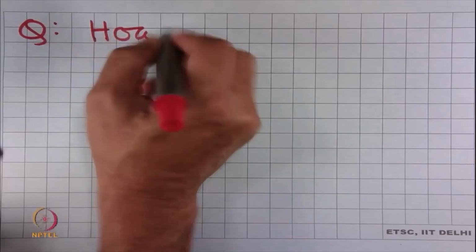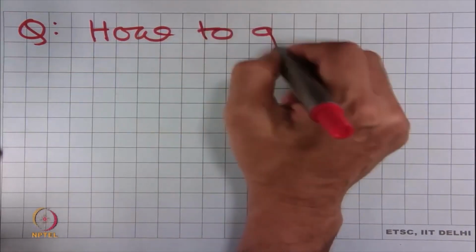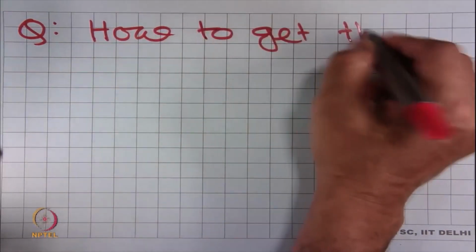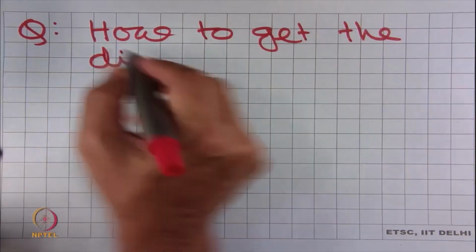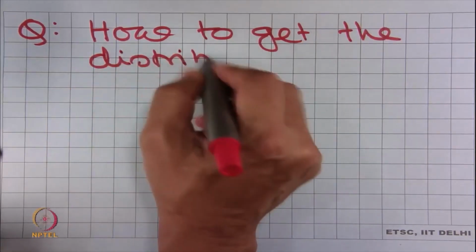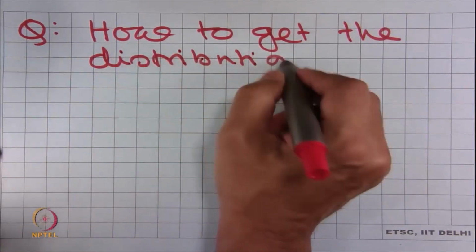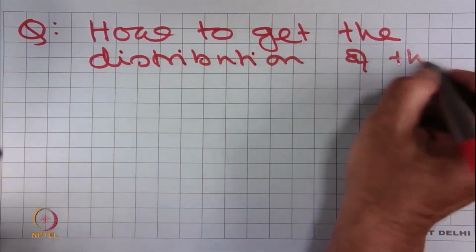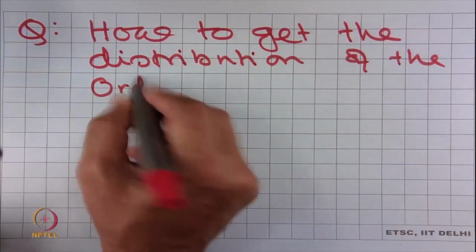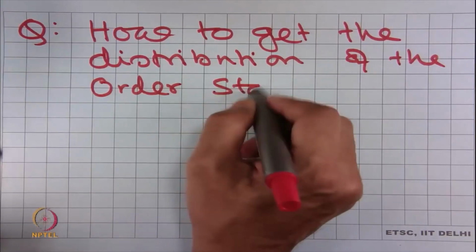The question is, how to get the distribution of the order statistics.